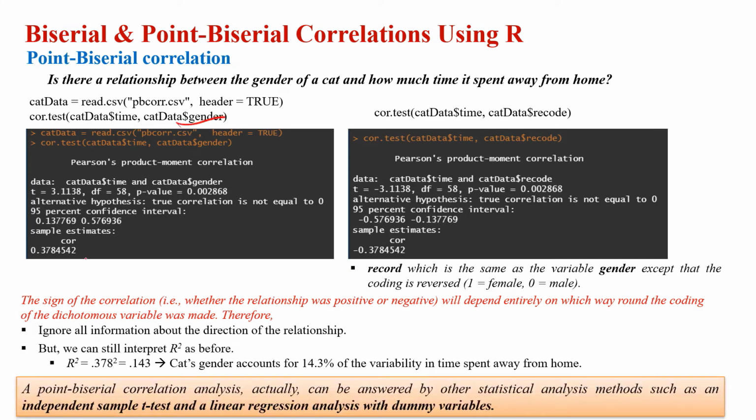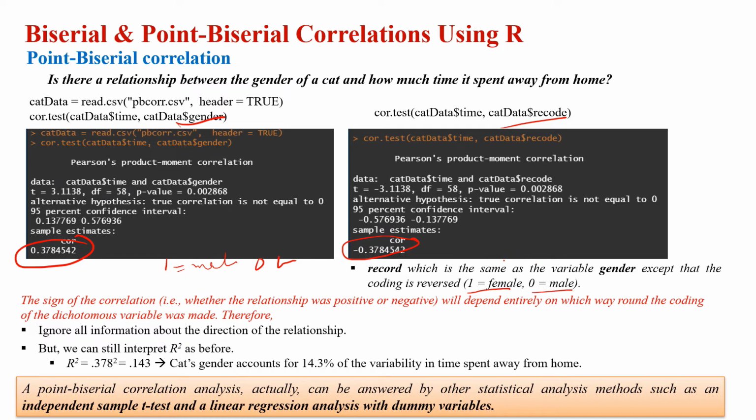Using the gender variable, I get this answer for the correlation. If I'm using the record variable, the answer will be this. The difference is that in the gender variable we have represented 1 with male and 0 with female, whereas in the record variable 1 is representing female and 0 is representing male.